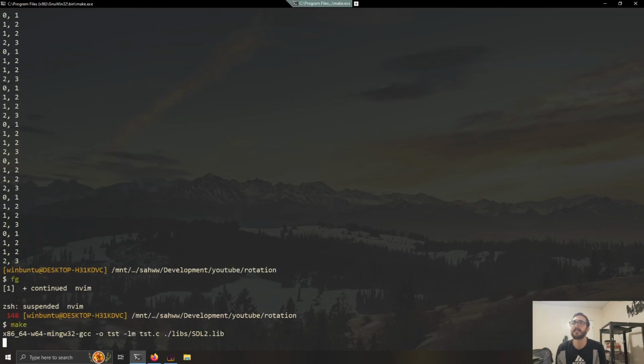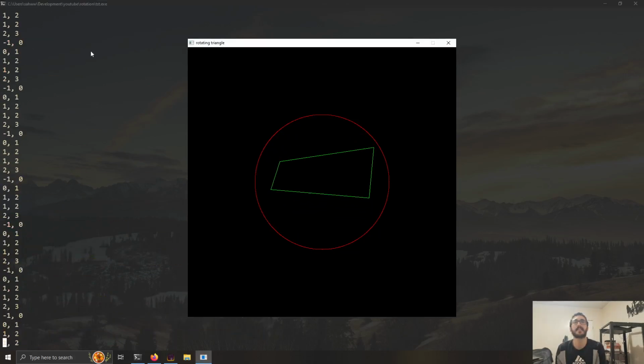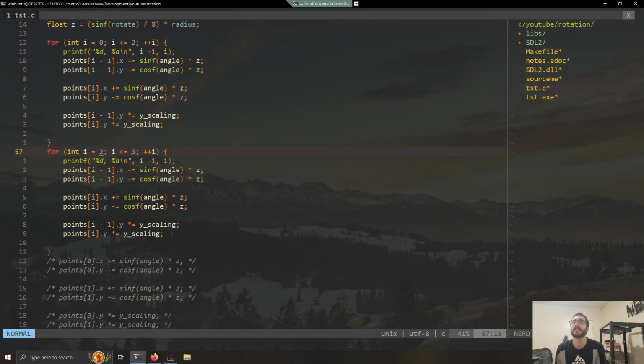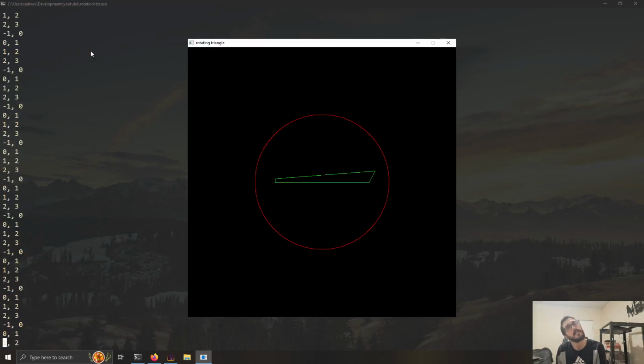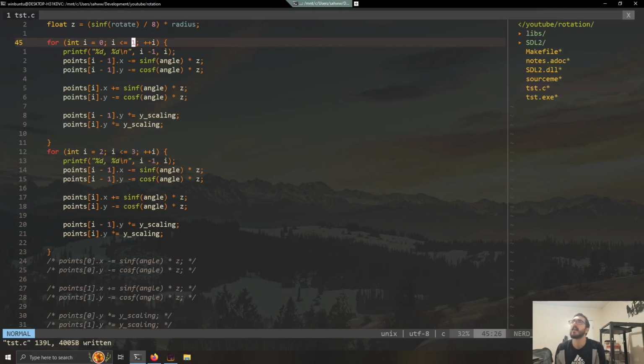So I can visually see. 0 to 1. Brain doesn't work.